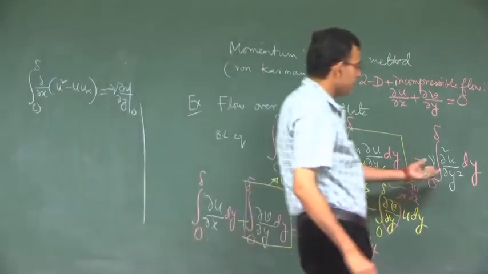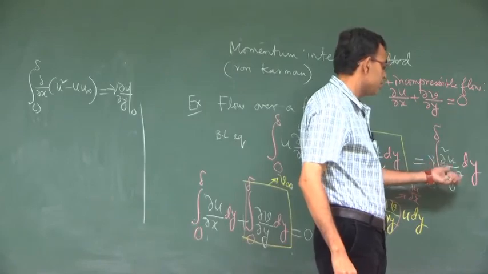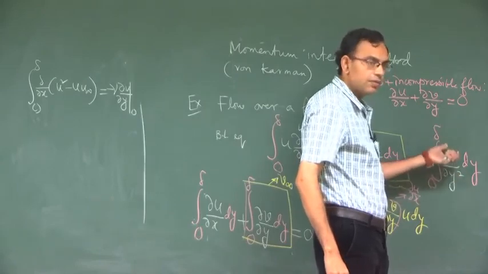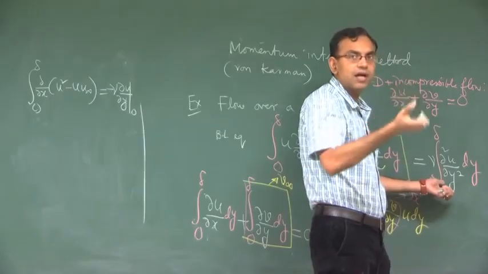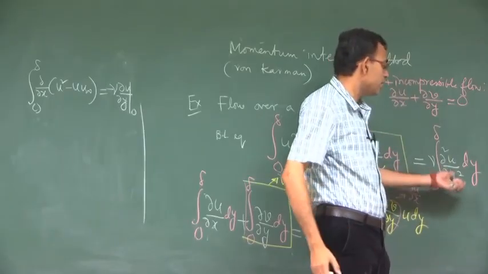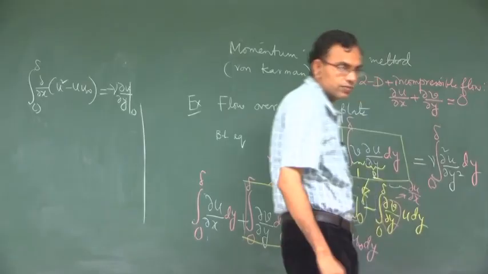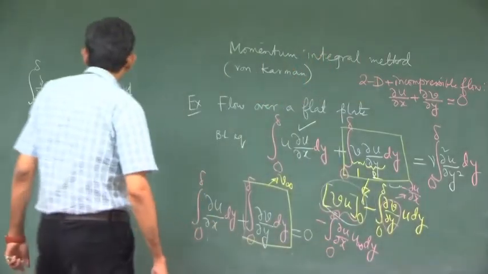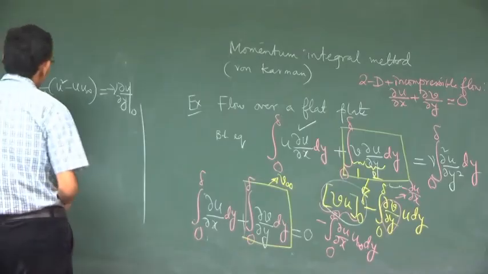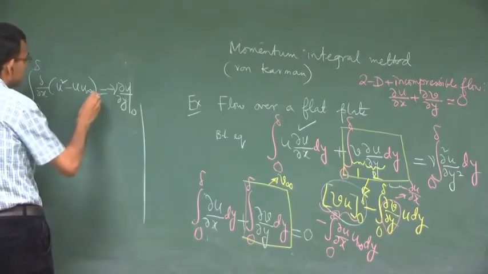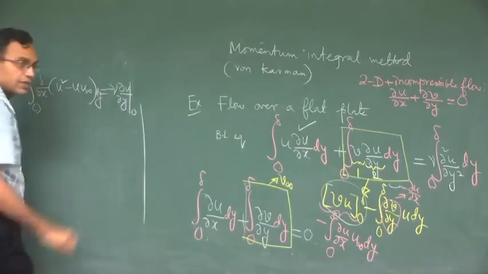So, this term when integrated it will become del u del y at delta minus del u del y at 0, because at delta u does not vary further with y. So, del u del y at delta is equal to 0. So, this becomes, now the next, so there is a dy that has to be put here.